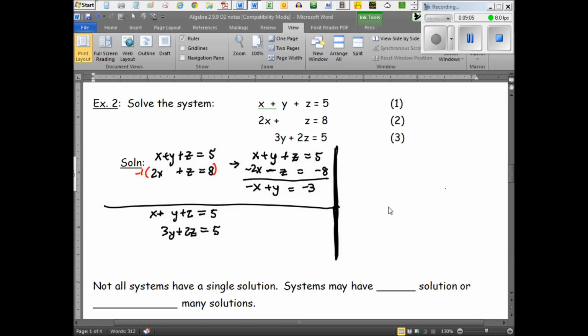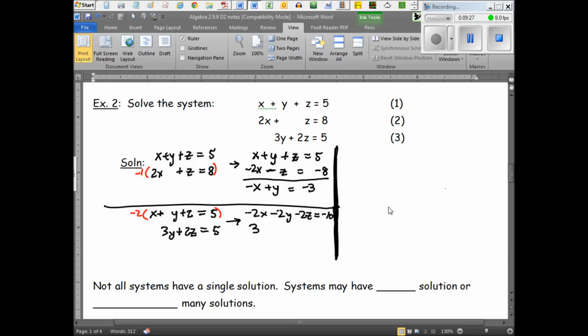Okay, let's multiply the first equation by negative 2. Sorry about that. And we have negative 2x minus 2y minus 2z equals negative 10.